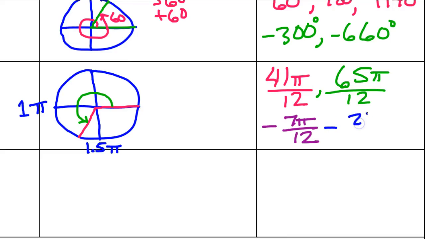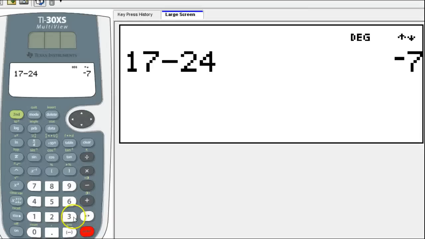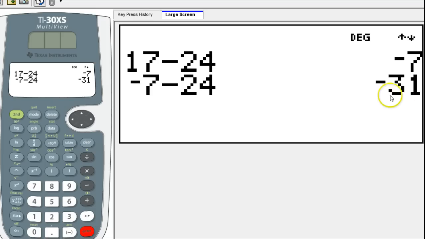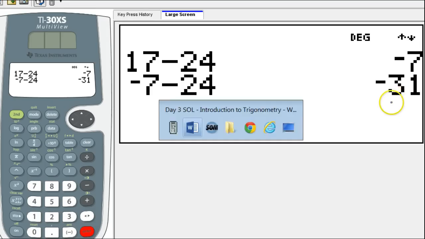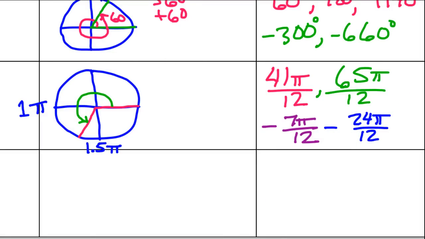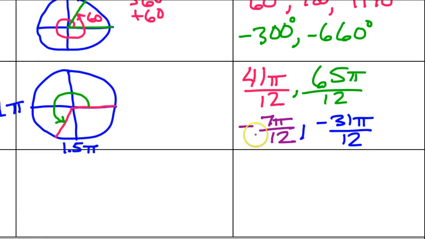So again, that means subtracting 24 pi over 12. Alright, so negative 7 minus 24, and I hope you don't need a calculator to do this, that's going to give you negative 31. Alright, so negative 31 pi over 12. Alright, so that's it. We found our 2 positive coterminal angles and 2 negative coterminal angles.